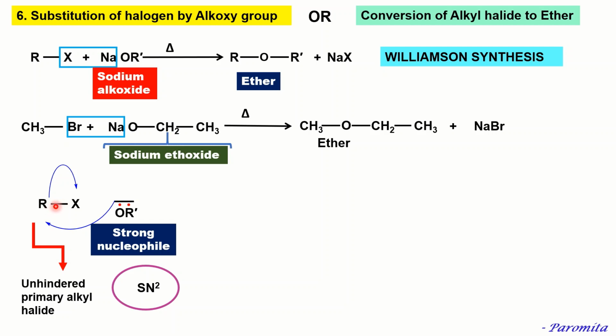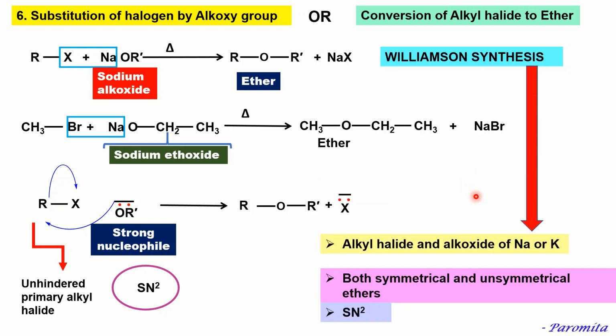So the reaction of RX with strong nucleophile OR minus will give us ether, and halide ion will be the leaving group. And we know that in SN2, the substrate, here our substrate is RX, should be an unhindered primary alkyl halide.